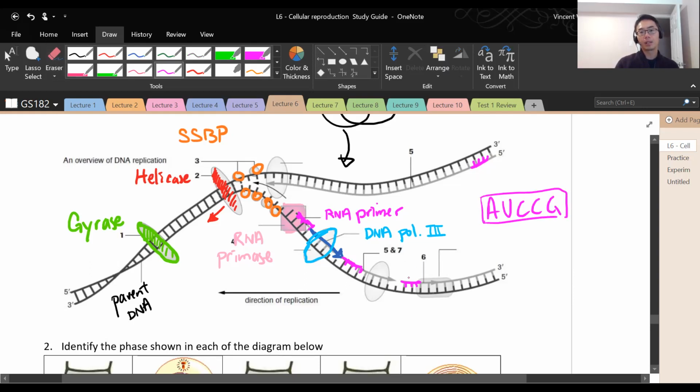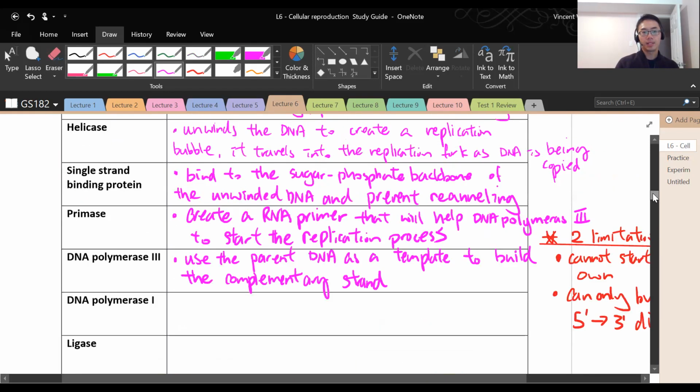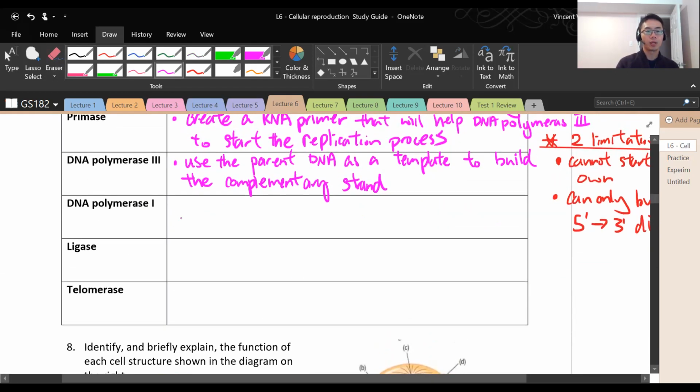The DNA polymerase 1 will come, and then it will remove the U and replace it with T. So DNA polymerase 1 will replace the RNA primer with DNA nucleotides.